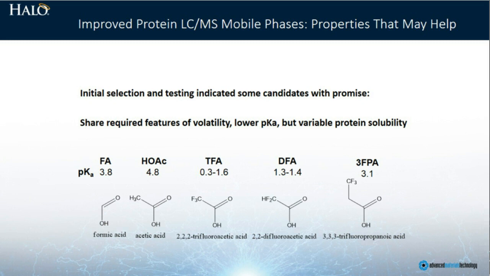So we've used these in the lab. The one that we've used the most in terms of the more specialized or newer materials has been difluoroacetic acid. And we've used it over an extended period of time now, about 7 years, with no untoward effects on our chromatographic instruments, the column materials, or our mass spectrometers.